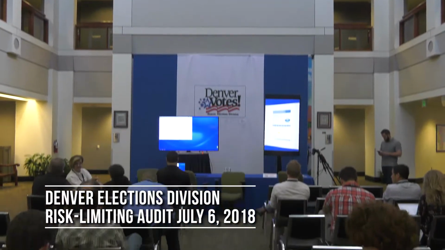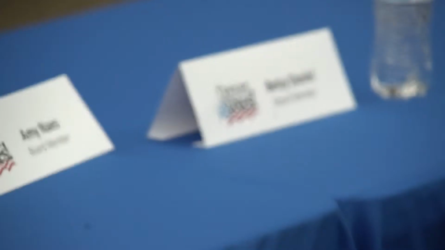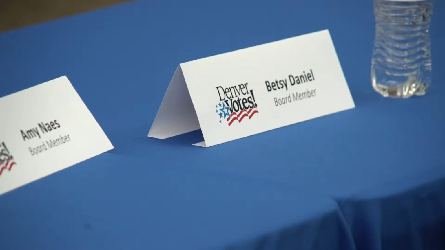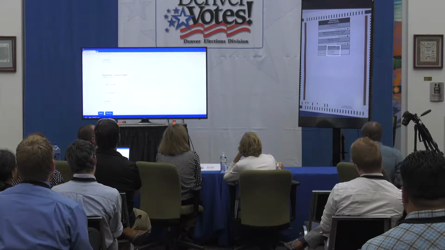In a recorded meeting with outside observers, each physical ballot is hand-checked by the audit board, which is made up of one Republican and one Democrat. This bipartisan configuration helps avoid bias when judging any particular race.